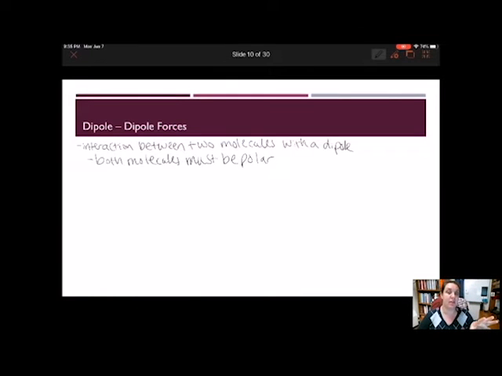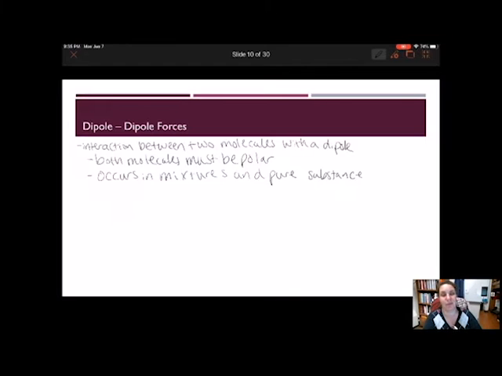And this could be in a mixture or a pure substance. This is unlike our ion-dipole forces.